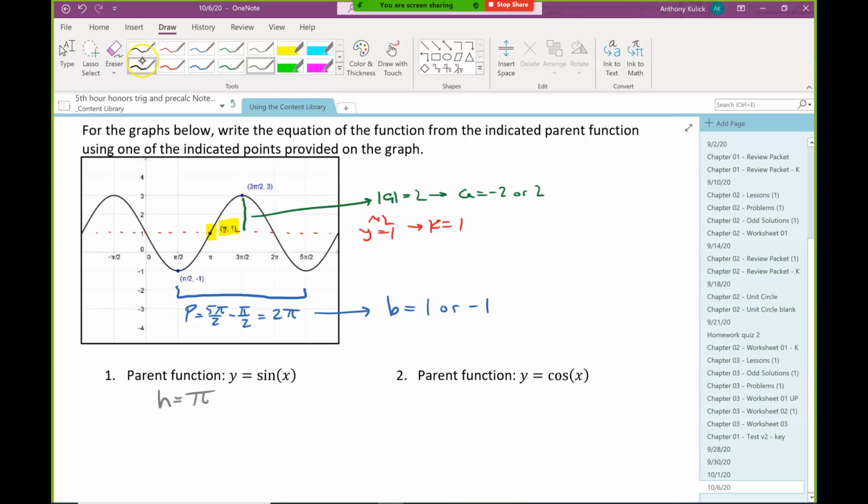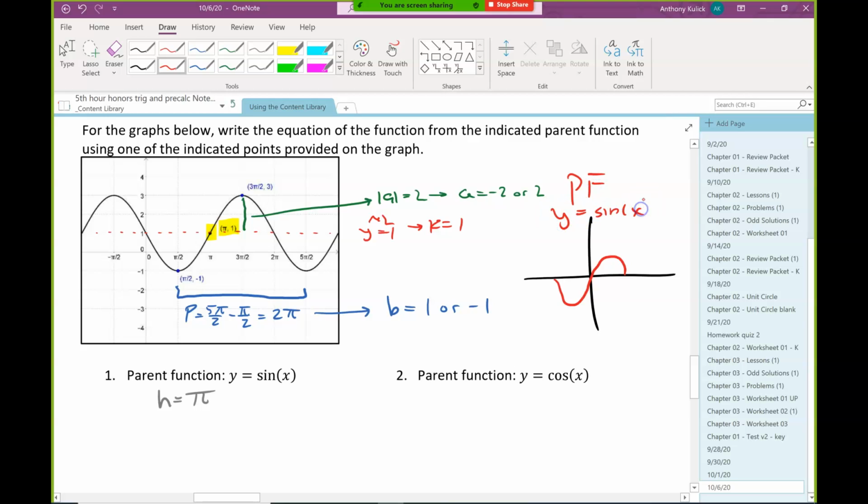So let me explain why. When we graphed the parent function for sine of x, we go from a minimum to that midline point of 0, 0 to a maximum, right? That's the order that goes on.